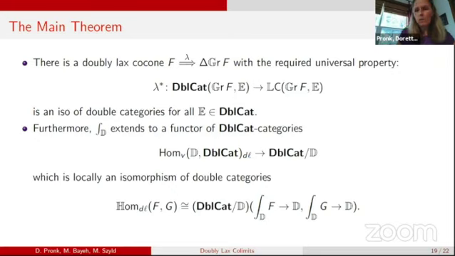Furthermore, we can also extend this Grothendieck construction to a whole functor of double-category-enriched categories and obtain the more general notion that we know from the classical case as well: that we get locally isomorphisms of double categories between the double category of doubly lax transformations with the structure that is there, and on the other hand, the slice category over D of double functors between the Grothendieck constructions over D and then transformations and so on. So there's an isomorphism of double categories there as well.